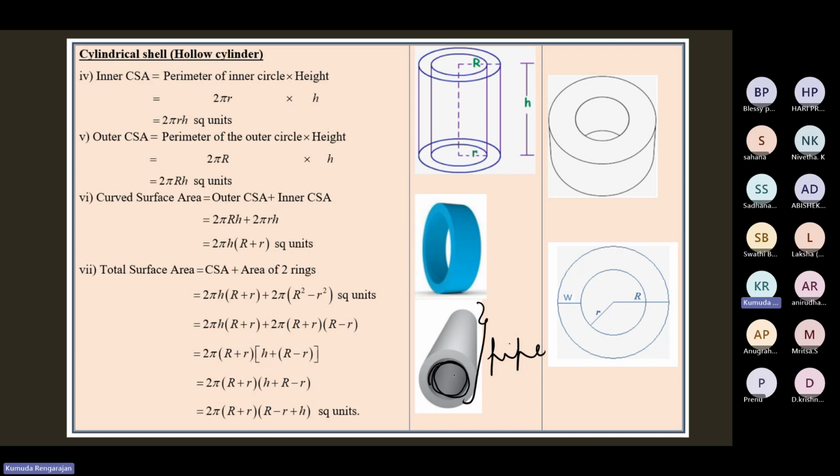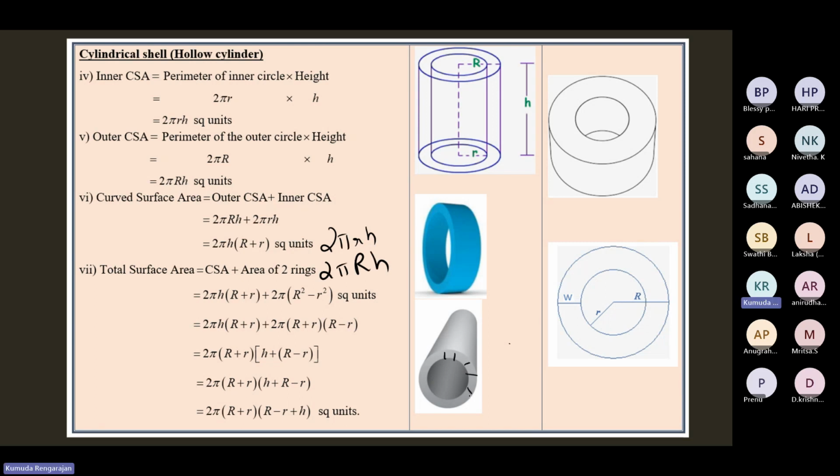The surface which you see inside the pipe is the inner curved surface area, which is given by the formula 2 pi small r h. Then on the outside of the pipe is the outer curved surface area, which is given by the formula 2 pi capital R h.